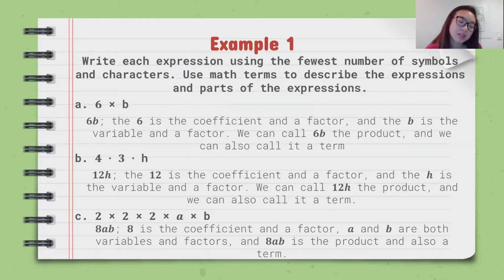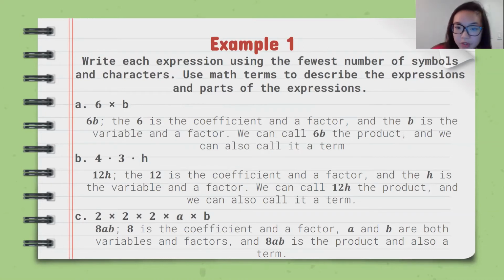So for example C, like I did in B, I multiplied the 4 and the 3 together. That got me 12 because they're both whole numbers. So I can do the same here with all the 2's. When I multiplied 2 times 2, that gives me 4, and then 4 times 2 gives me 8. And then I have my A and B. So then I have 8AB.